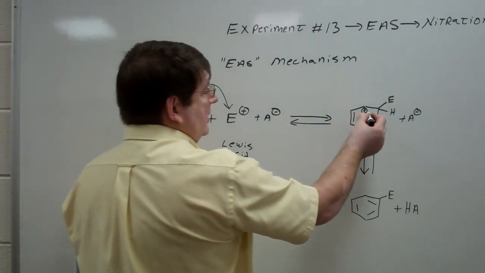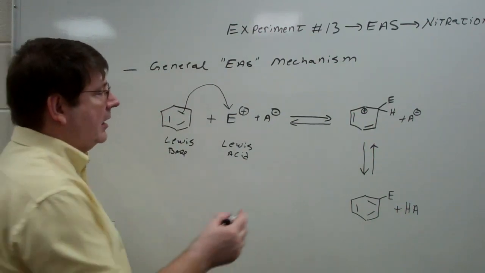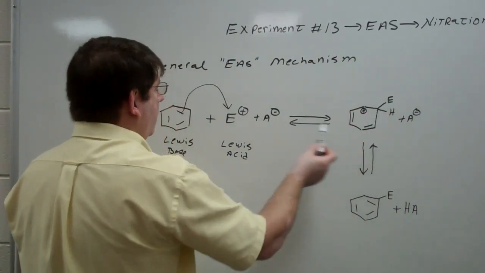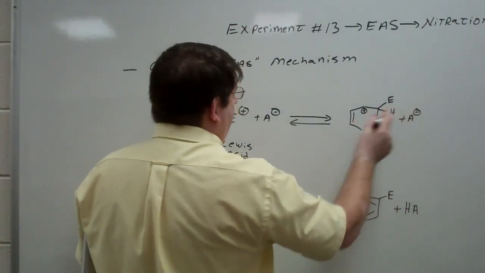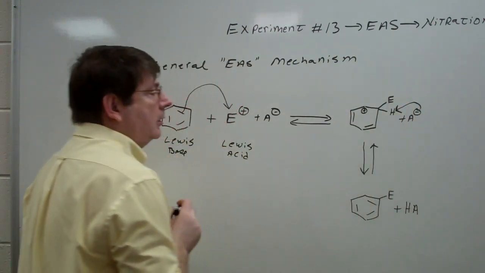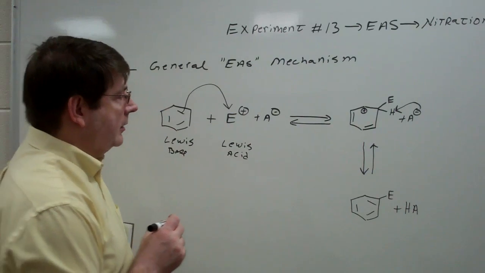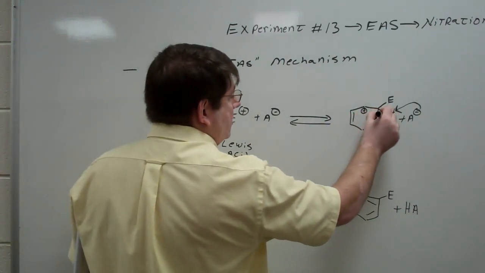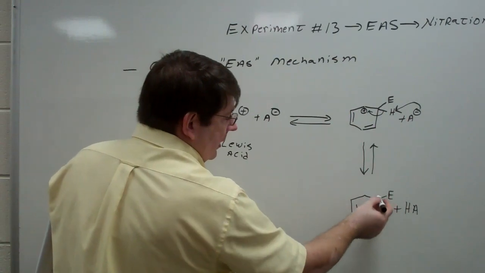However, since this is unstable, it would like to get back to an aromatic system. It can either lose the electrophile and go back to starting material, or the counter ion of our electrophile can actually come in and abstract the hydrogen that's on the carbon also containing the electrophile now, and those electrons can go to the carbocation, regenerating the aromatic system.